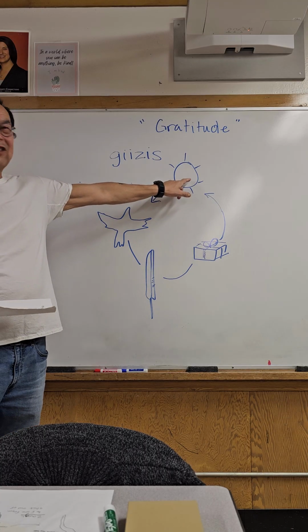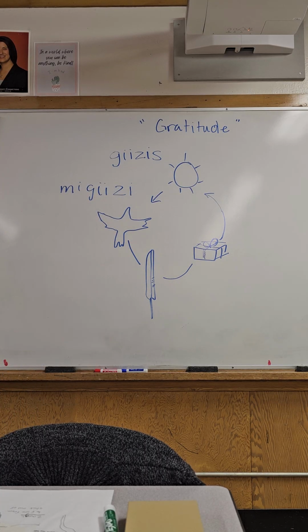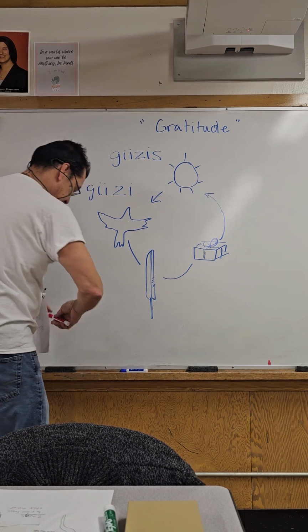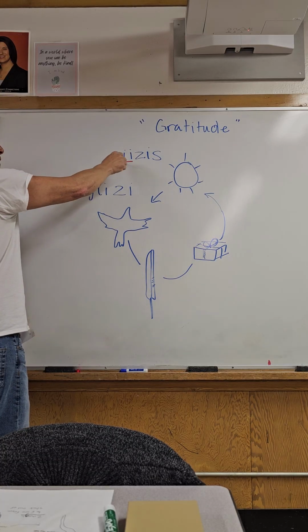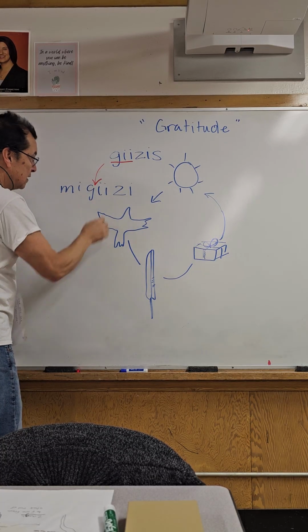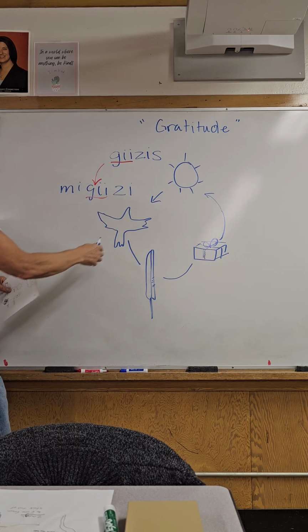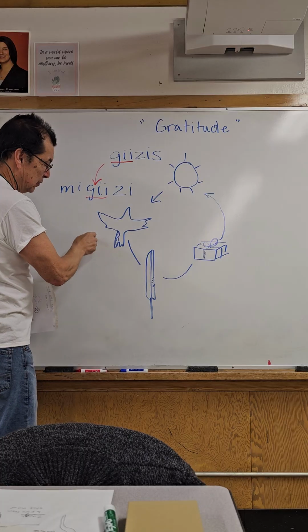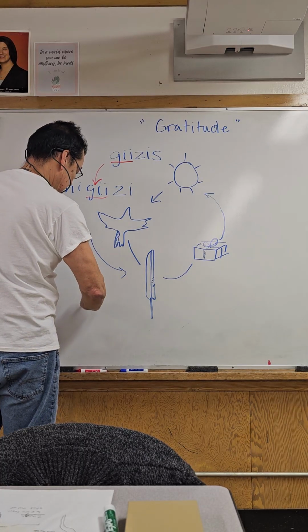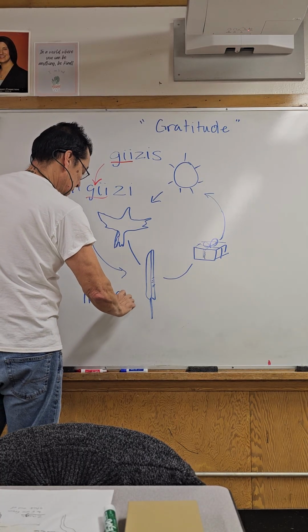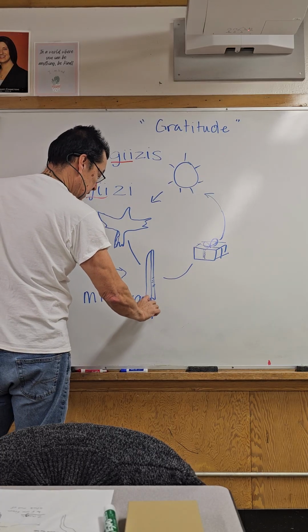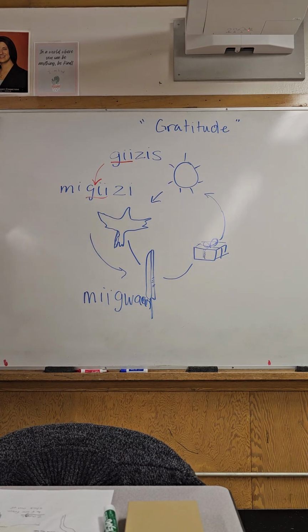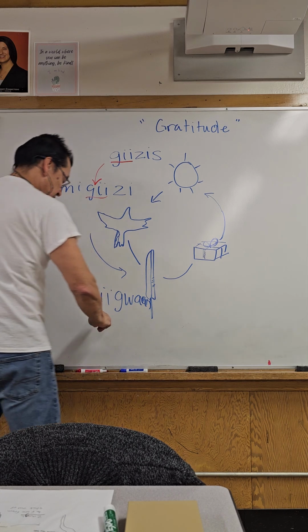Here's the connection. It goes to this, and then from the tail or from the wing, it doesn't matter, you end up with a miigwad, which is a feather.